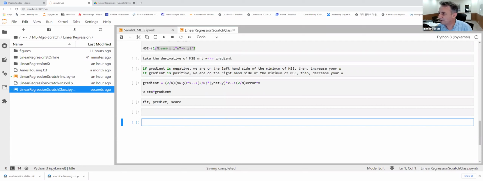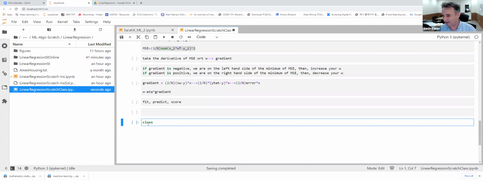I'm going to create a class. Again, remember with Python, for those who are new to Python, we have functions to reduce redundancy in the code. And we have classes to reduce that redundancy even further, to put functions which are related to each other together.